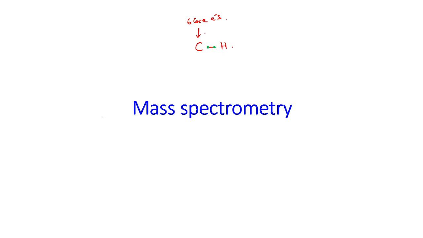Now when I am bombarding the molecule and it knocks out one of the core electrons, there will be no fragmentation of the molecule and you will be getting a molecular ion.